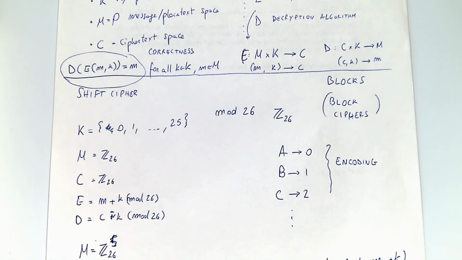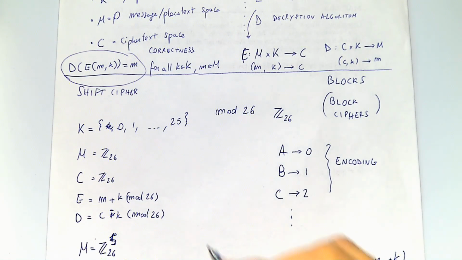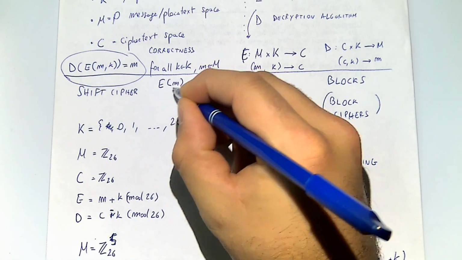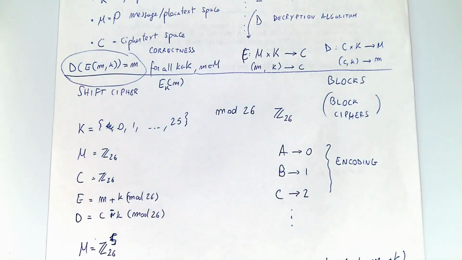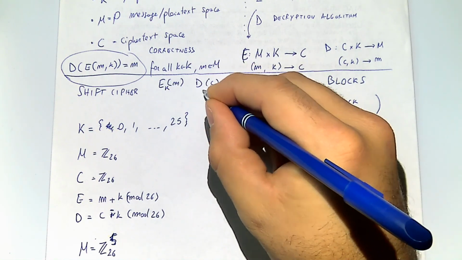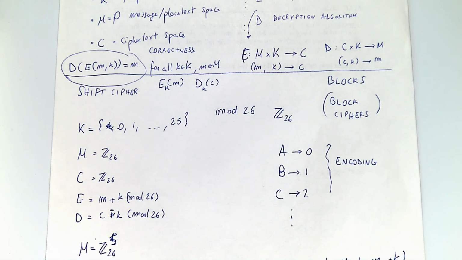Sometimes instead of writing E of M and K as an argument, you can write E of M with the key K, and D of C with the key K, rather than using a pair, because the key is always used, so you put it as a subscript.